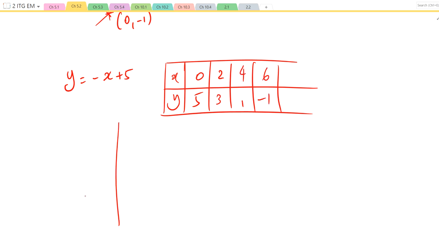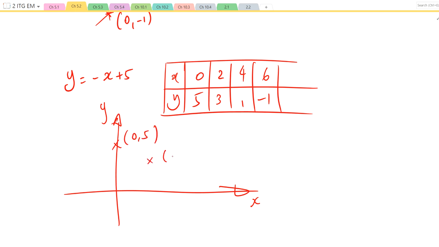So by plotting all these points down, over here we have 0, 5, 2, 3, 4 and 1, 6 and negative 1. So joining them up will result in a straight line.